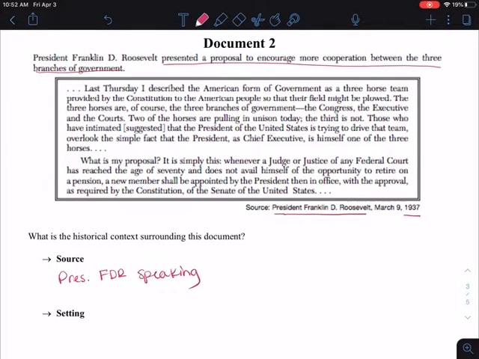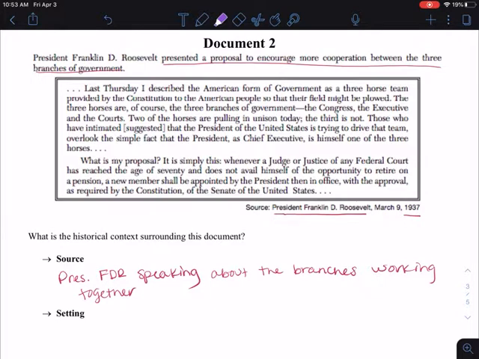So he's speaking about the branches working together. So we know what this is going to be about before we even start talking about it. But let's go ahead and read this together and see what happens.